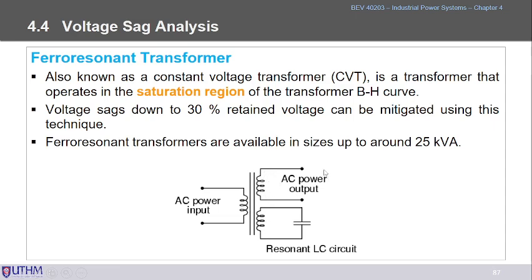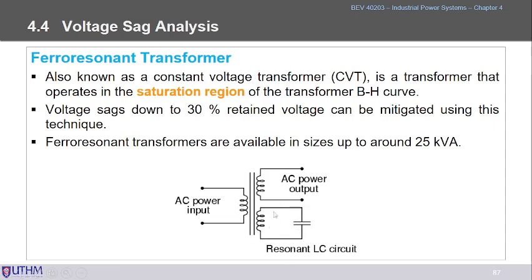One is for the power winding, the normal secondary winding, and another winding is just to store the energy, for when it is necessary to correct back the voltage during the voltage sag, and then it will take the energy or the power from here.